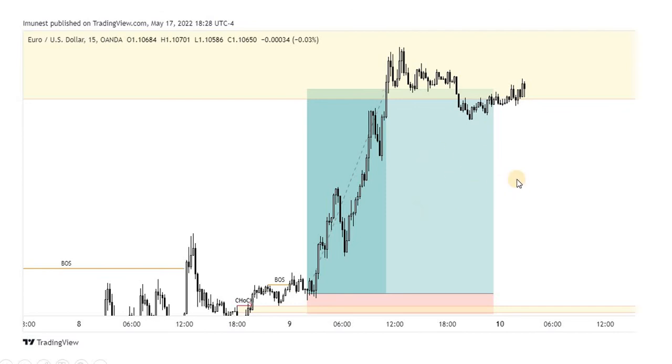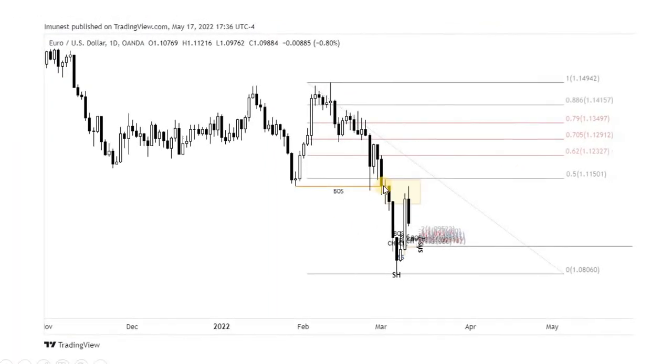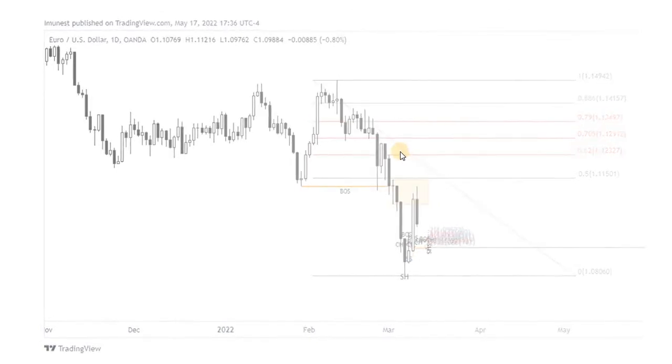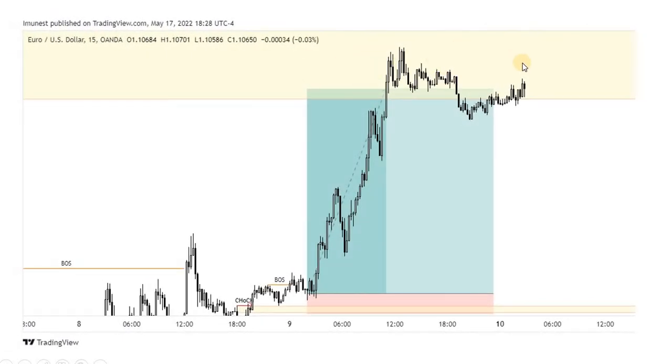1:10 is quite good. But we must also remember that we are targeting the equilibrium price of this daily range. That is what we are targeting, the equilibrium price of this daily range. You can see that this is this supply zone that is here.